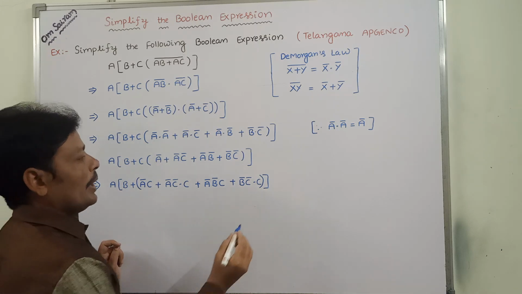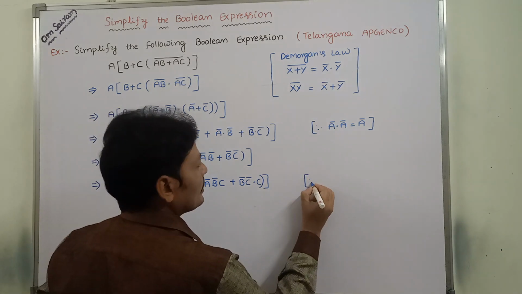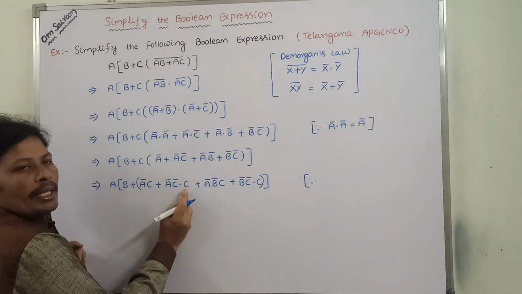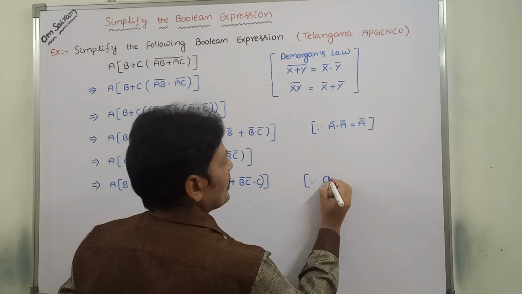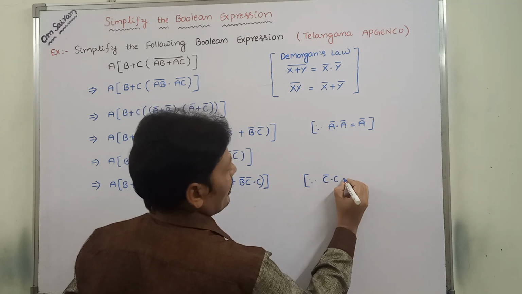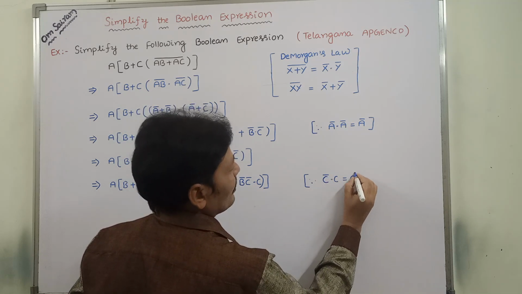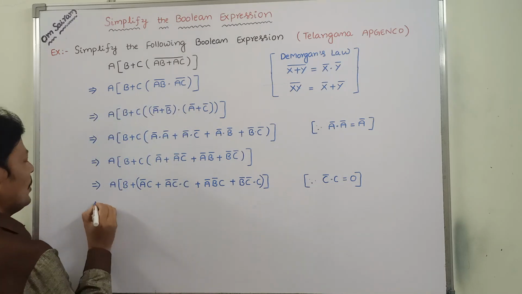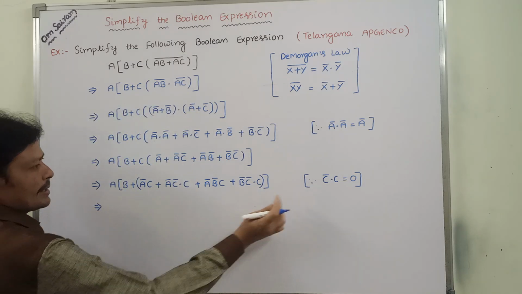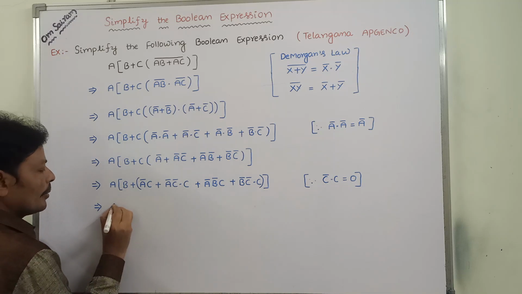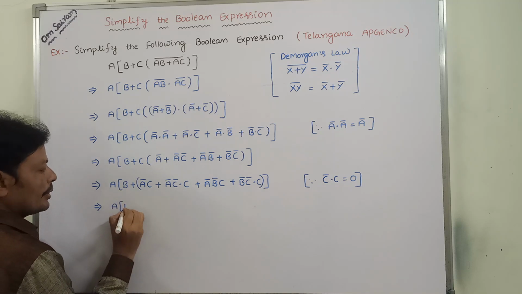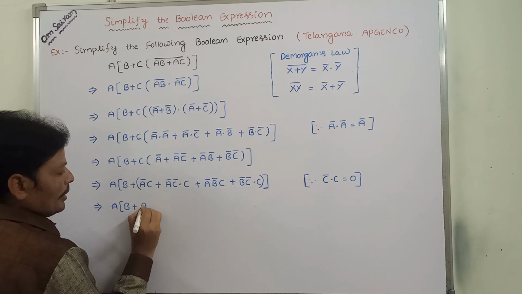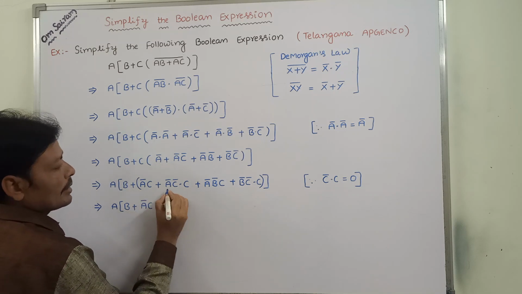Now we already know that C bar into C equal to 0. According to this law, we are getting A into (B plus A bar C).